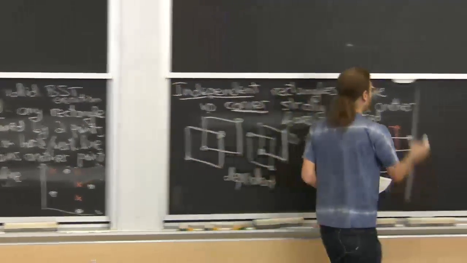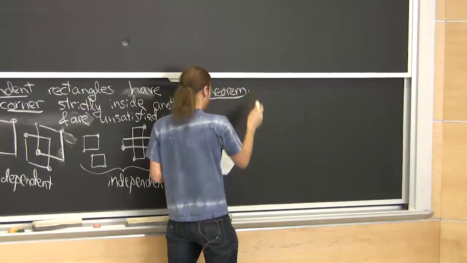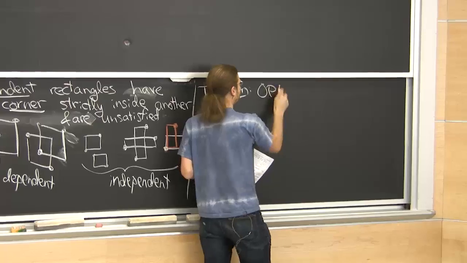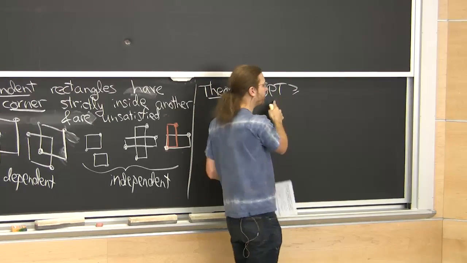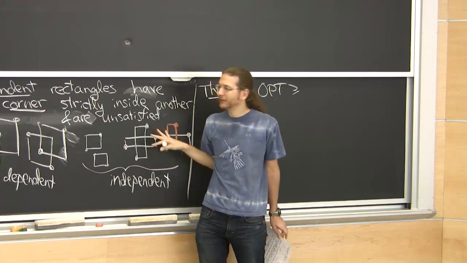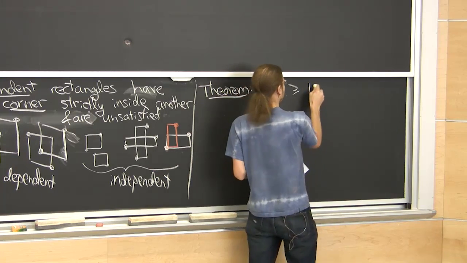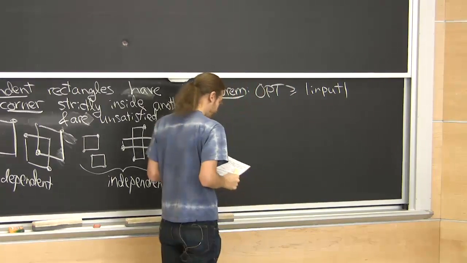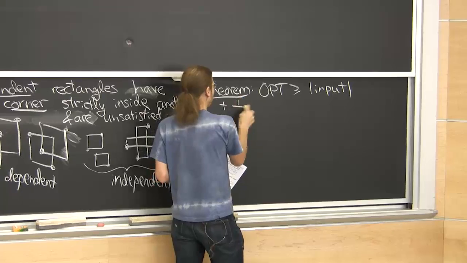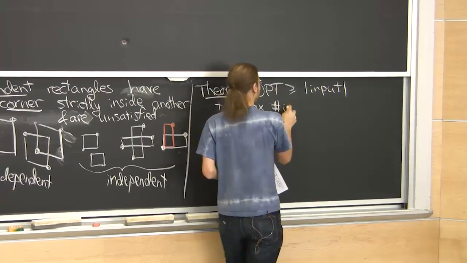So what? The lower bound says the optimal offline binary search tree, or the optimal way to add dots to satisfy your point set, is going to be at least the size of the input, meaning the number of initial points you have, plus half the maximum number of independent rectangles.